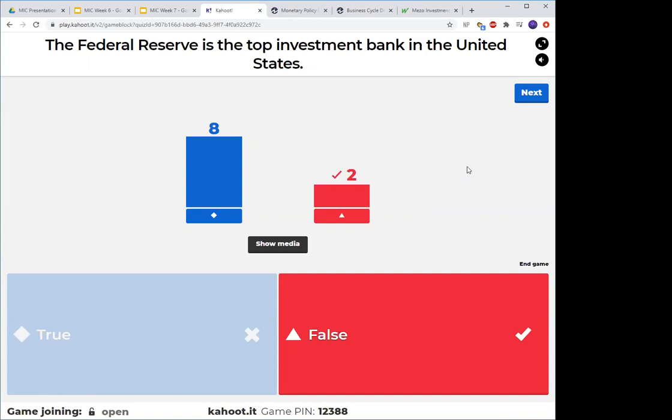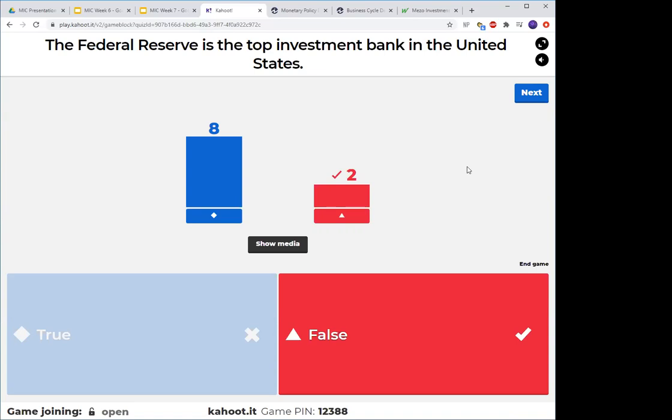If you remember from, I believe, 2 weeks ago, when we talked about the banking industry, we talked about retail banks, commercial banks, and investment banks. Investment banks are like Goldman Sachs and Morgan Stanley. They serve as financial intermediaries between corporations and the financial market.